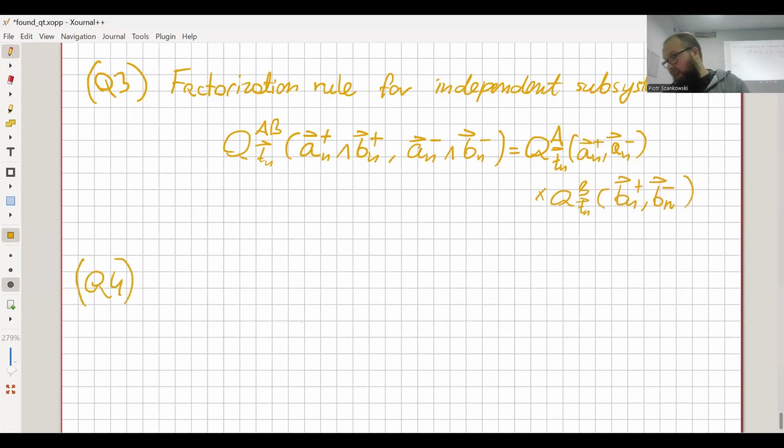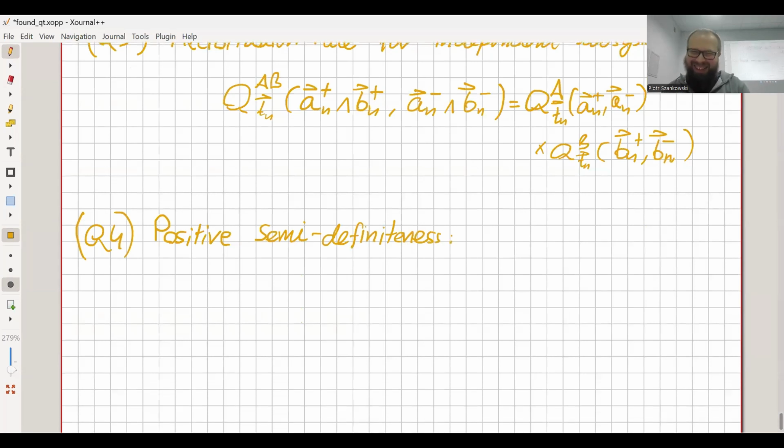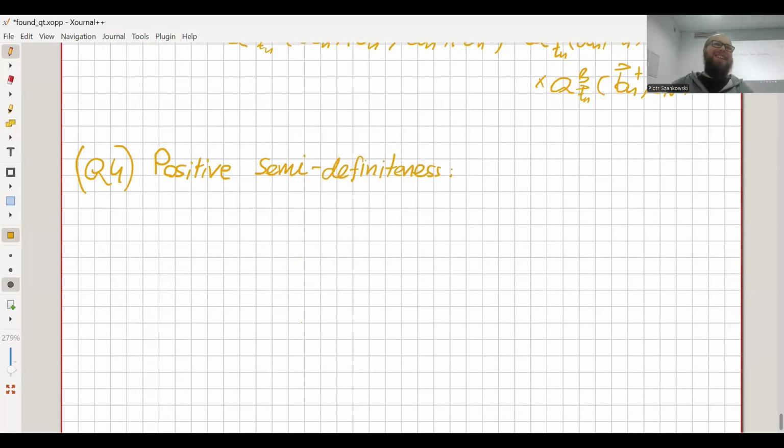Q4 is a doozy. Positive semi-definiteness. As you can imagine, this has something to do with generalizing positivity of probability distributions, right?